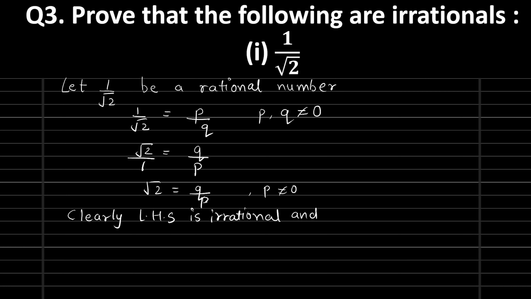So therefore here q upon p, which is on the right hand side, is rational. So what did we observe? That on the left hand side we have an irrational number and on the right hand side we have a rational number, right? So here it contradicts, because a rational number cannot be equal to an irrational.